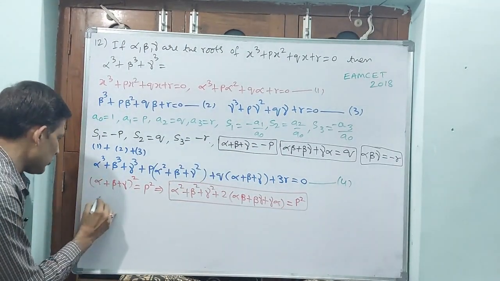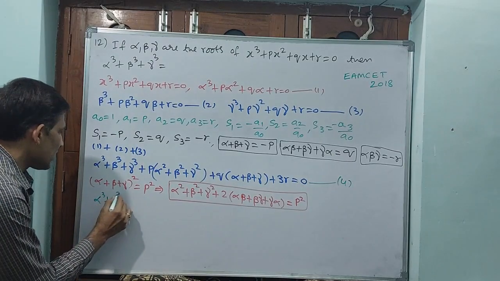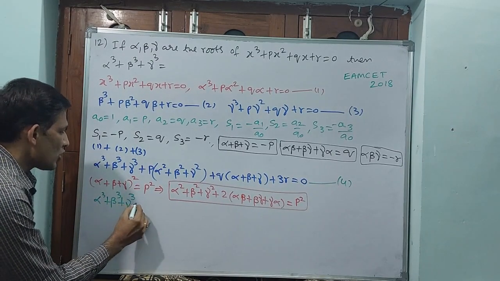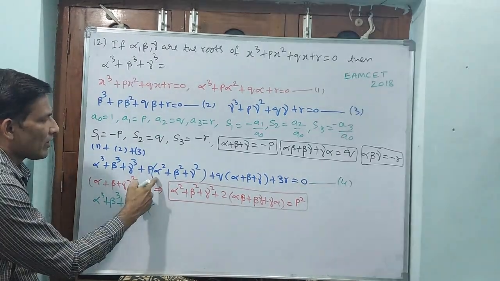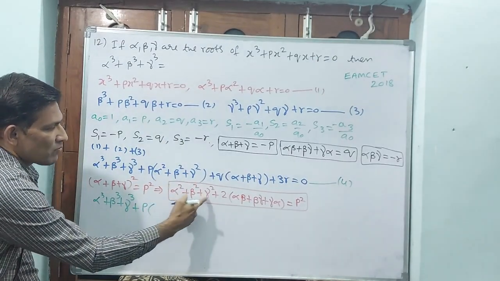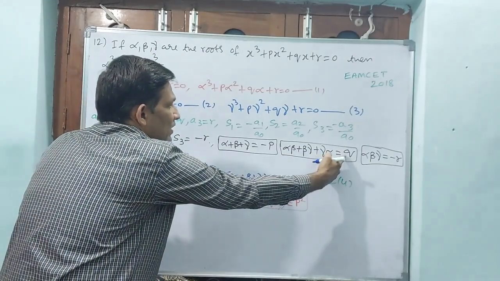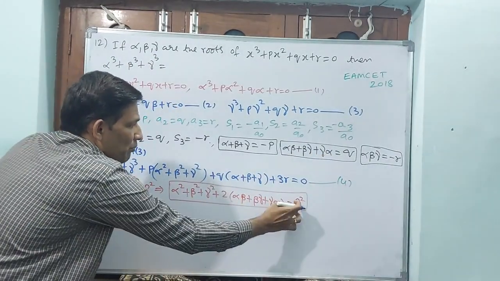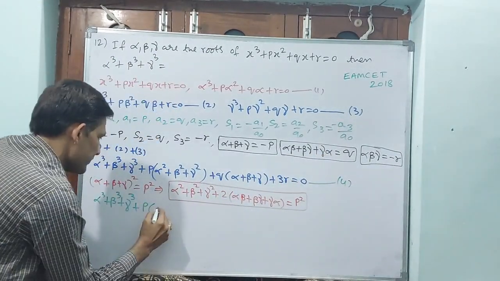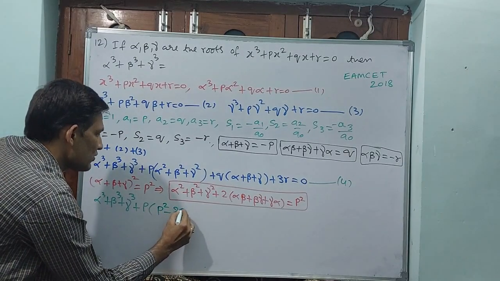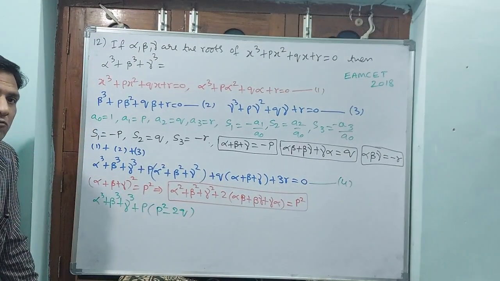You see, alpha cube plus beta cube plus gamma cube plus p into alpha square plus beta square plus gamma square is equal to, you see, alpha beta, beta gamma, gamma alpha is q, p square minus 2q. Why?